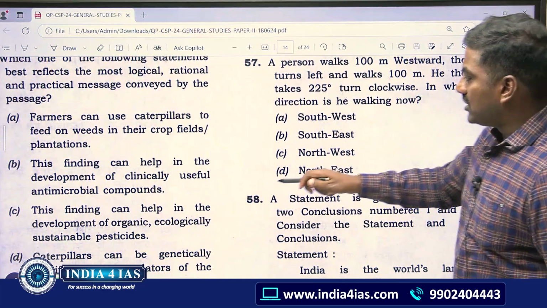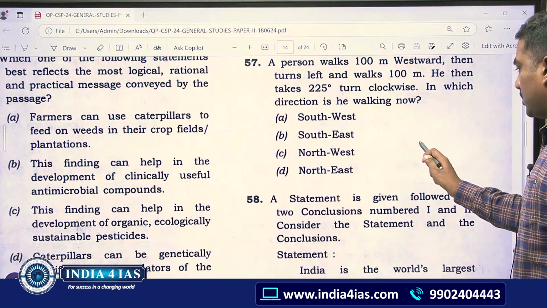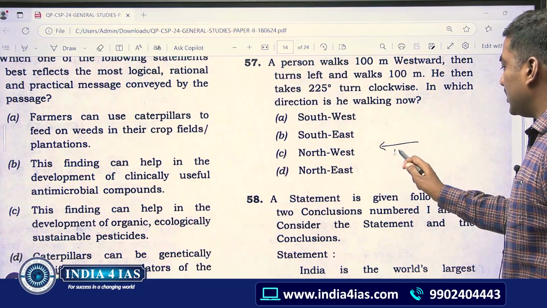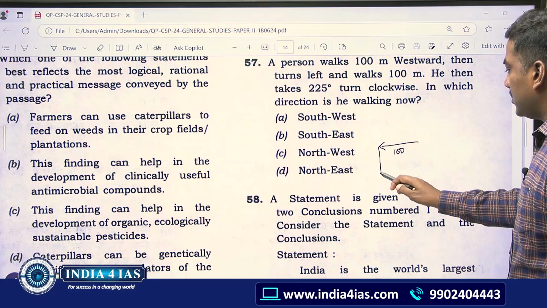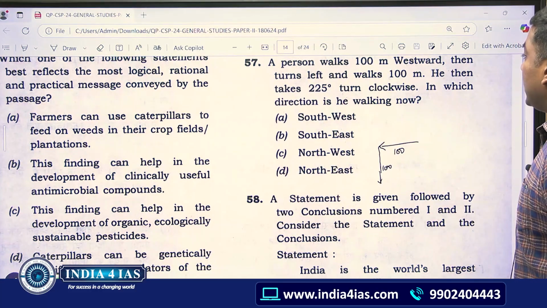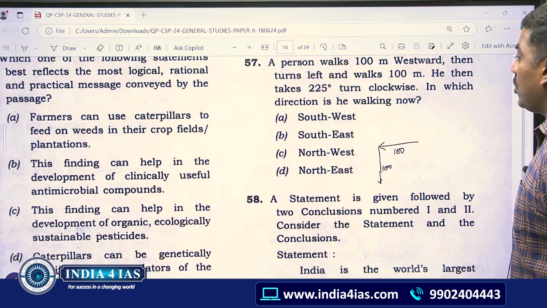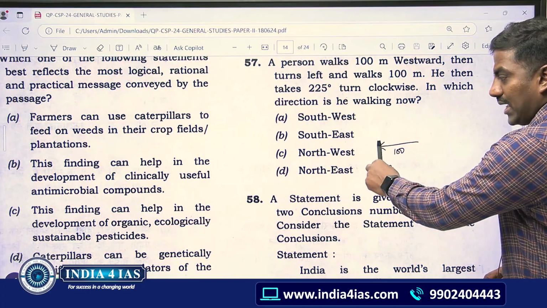Then this is also a similar problem. A person walks 100 meters westwards. Anyways, they have given this is 100 meters. Then turns left and walks 100 meters. Then he takes a 225 degrees turn clockwise. Now he is going like this.